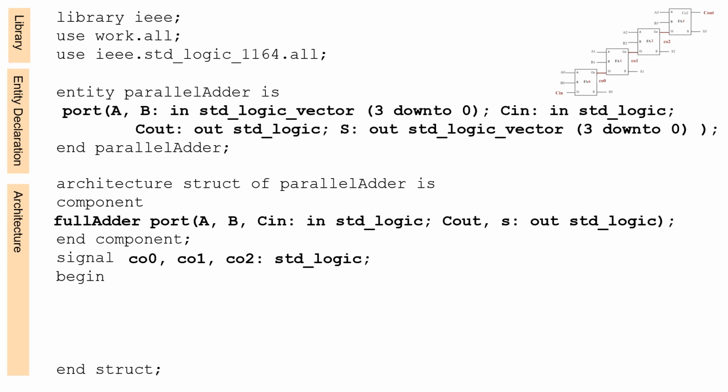The diagram has 4 instances of the full adder. We can call them FA0, FA1, FA2, and FA3. Let's start defining FA0 and do the port mapping for FA0.